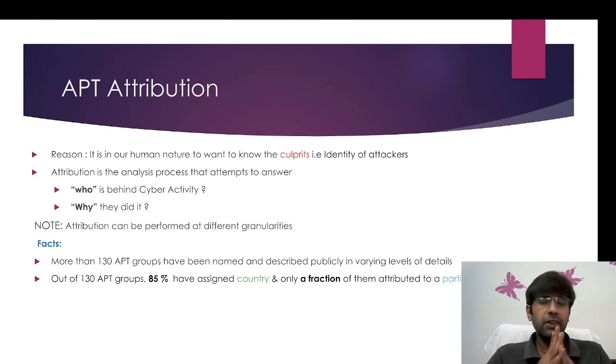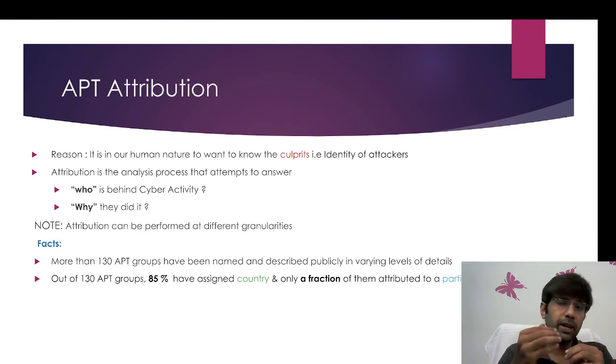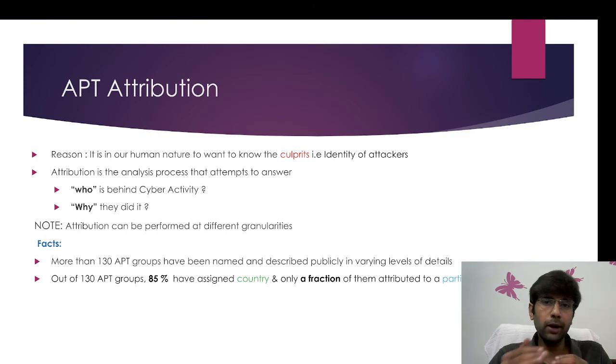But in very rare cases, they will go very deep, and in some cases the attribution will pinpoint the organization, and they will try to reveal the actors behind that particular attack, and the personal identity of the attackers was revealed in very few cases. APT1 and the Mandiant case was one such incident.